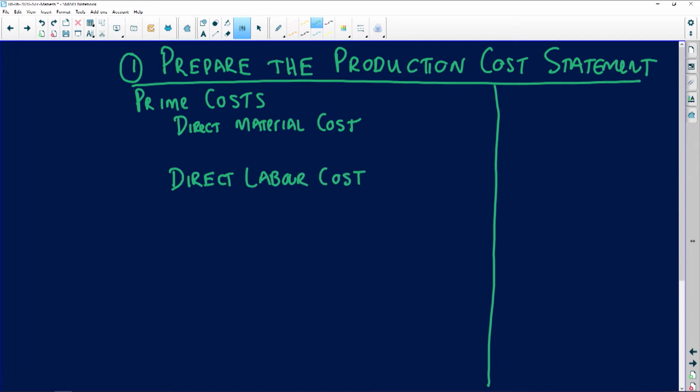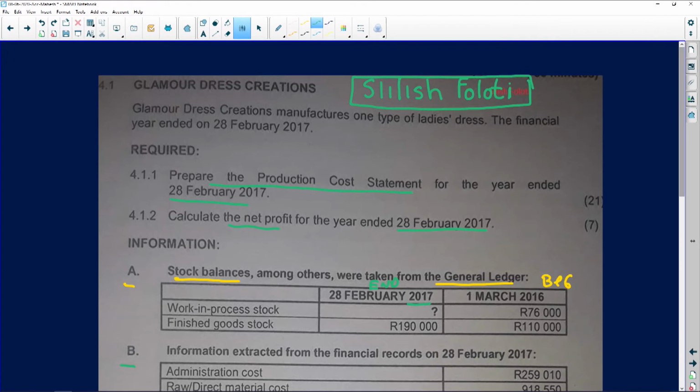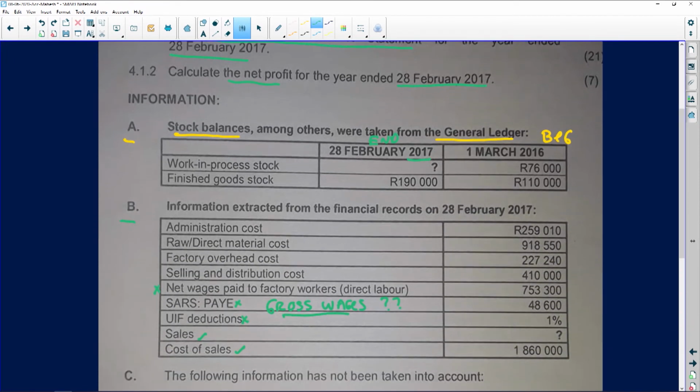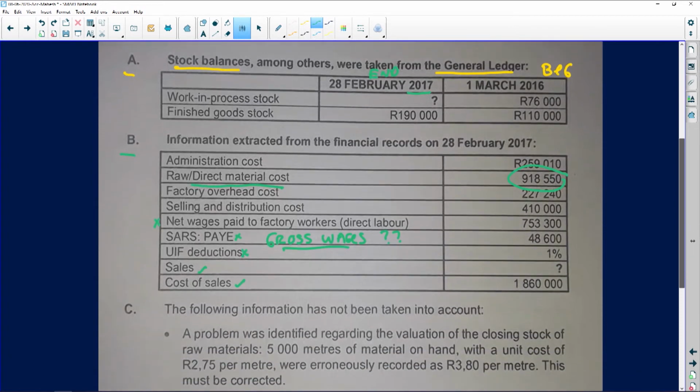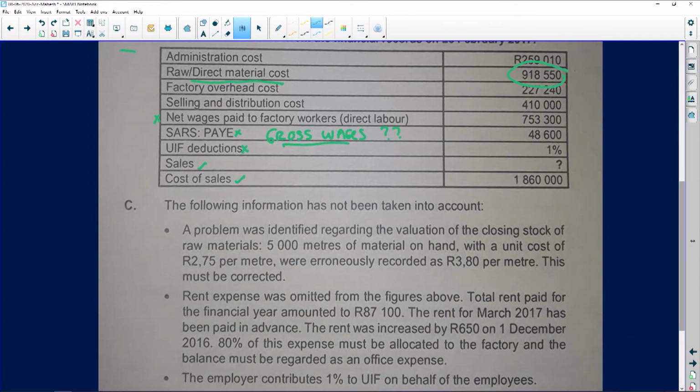Right, so we're going to start off by calculating our prime cost, and let's start with the information that's going to assist us for direct material costs. So let's go back to our info. Looking at the information given, direct material cost amounts to 918,550, and there is also additional information given in terms of raw materials.